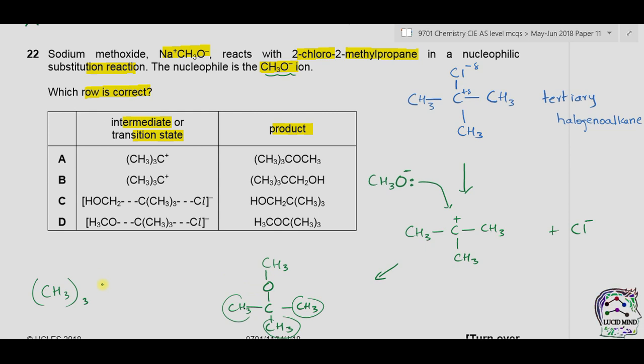Then we have carbon and oxygen. Then we have CH3. So now the intermediate formed is this one, which shows this. The product formed is this one, which is equivalent to this product. The answer is therefore A.